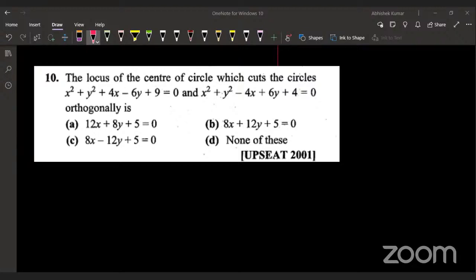Vanshika, all right. Kahan Gandhi, okay. The locus.